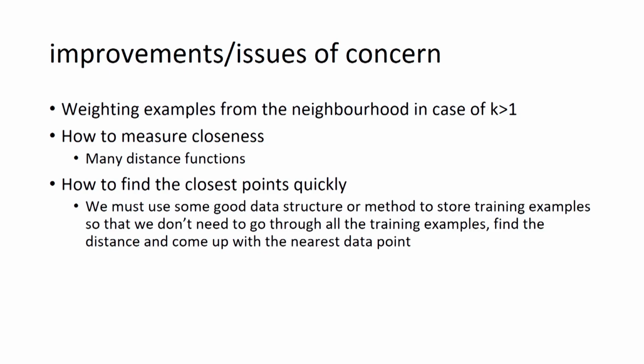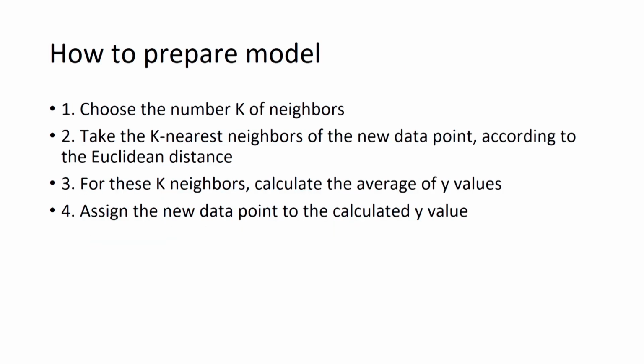Now, we can use many distance metrics in this case, and we need to find the value of k, and we have seen how we prepare the model in the case of the k nearest neighbor algorithm. We first choose the value of k, then we take the k nearest neighbors of the new data point, according to Euclidean distance or any distance metric.